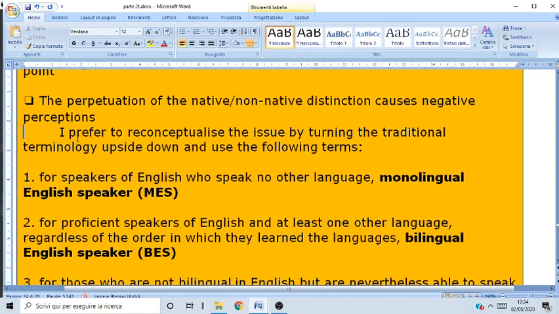So after all, this distinction between native and non-native speakers causes negative perceptions. And so not I, but Jenkins, when you see I, it's not my opinion, but I'm talking about Jenkins.